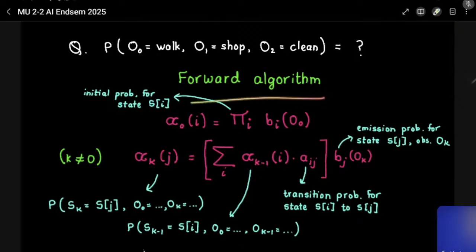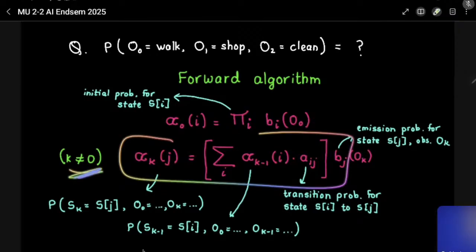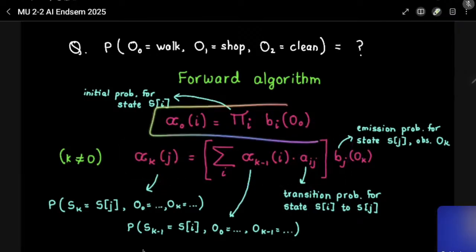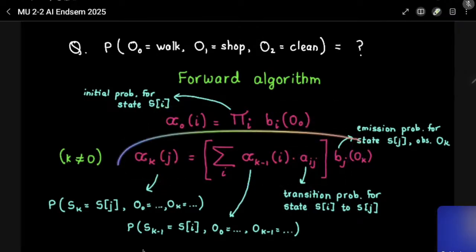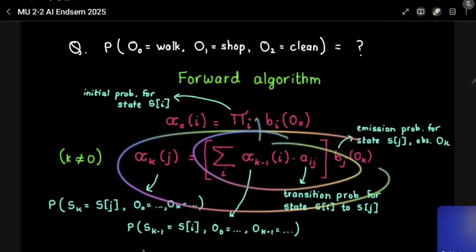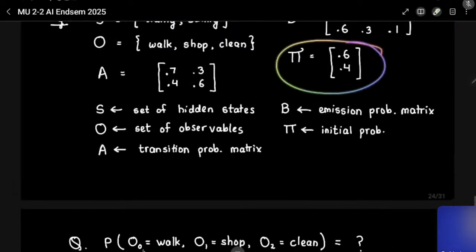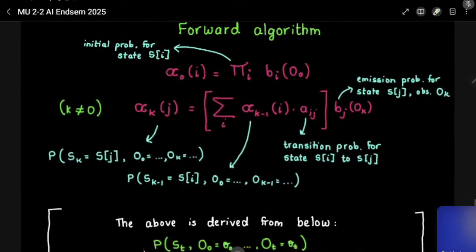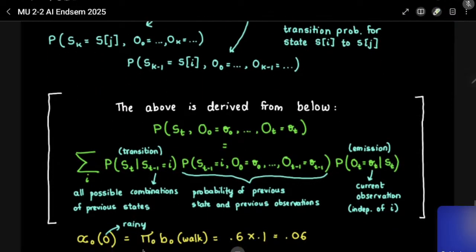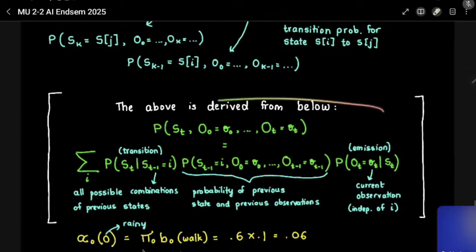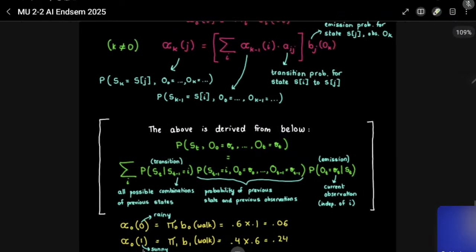Okay, wait, the first line. The first line is for computing the initial alpha value. This second line will work for k not equal to 0. If k is equal to 0, you're supposed to use this. It's the same as this, it's just that instead of this summation, you have the initial probability, which will be given like this, the initial probability distribution. If you remember the green color formula that we used for filtering, it is essentially the same thing.